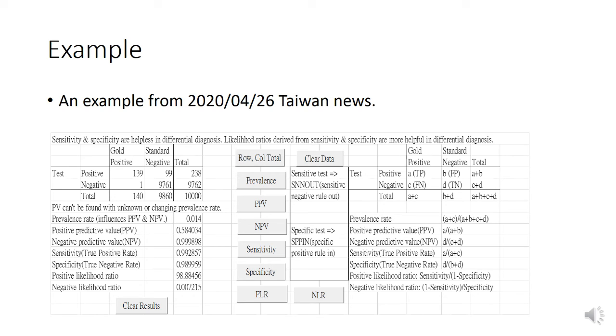If 10,000 people are tested, 139 are true positive, 99 are false positive. Only one is false negative, and 9,761 are true negative.